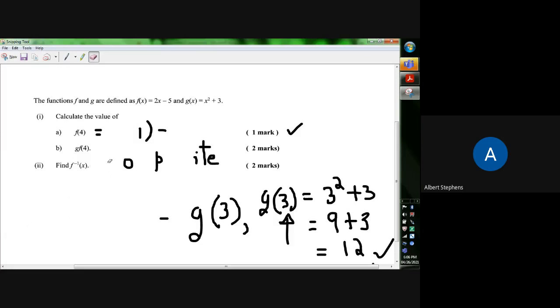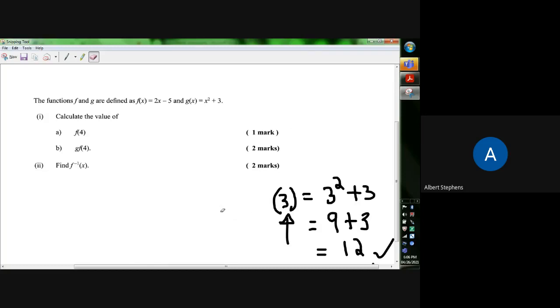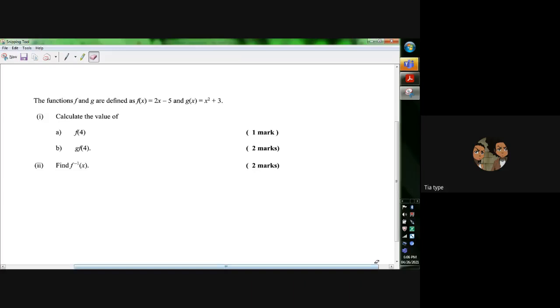Let's look at the last part. Can somebody tell me what that means? Part 2 starts with I. It's the inverse of F. If you have done matrices, you'll probably know. So basically, how do you find the inverse, not of a matrix, but of a function? This is what you do.